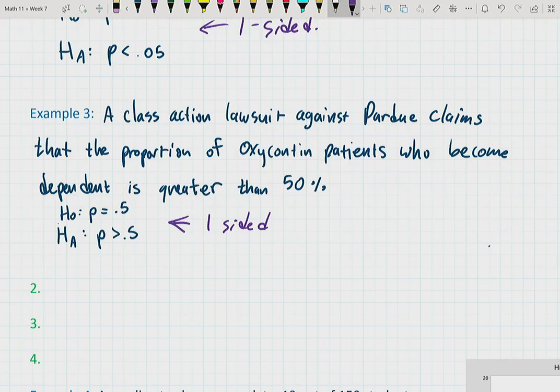It's not a mathematical question, though. In this case, if you were suing Purdue, it would be bad for your lawsuit if the true percentage was less than 50. You want it to be more than 50. So that's the side of the hypothesis that you're interested in, hence the one-sidedness of your hypothesis. And similarly, if you're Purdue, you want it to be smaller than 5%, not more.